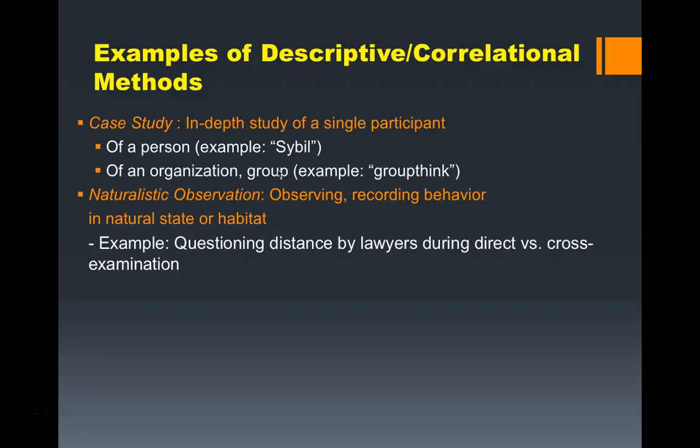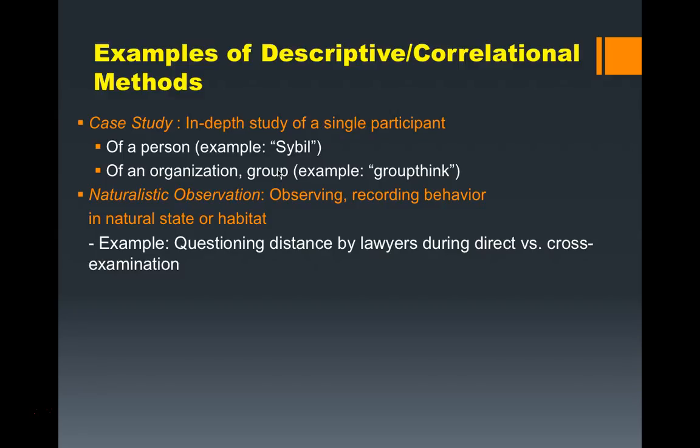It's understood that if strangers or someone you don't want to be in your face gets really, really close to you, invades your personal space, you've heard the term, that creates anxiety, it makes you nervous, it makes you look nervous. And the question was, do lawyers intuitively understand this, and does it affect how they question witnesses in courtrooms?